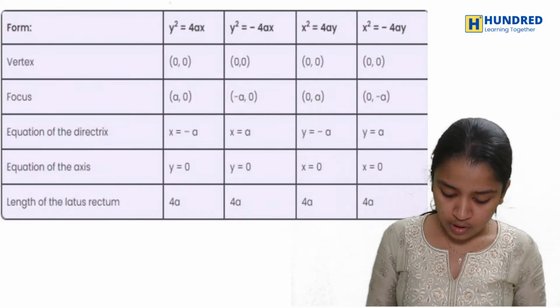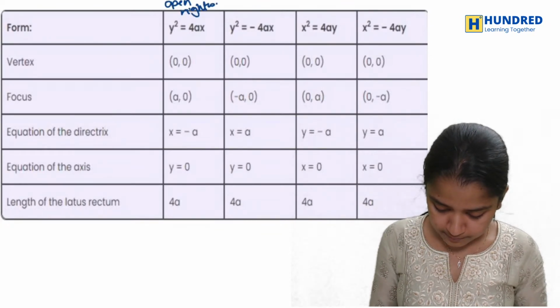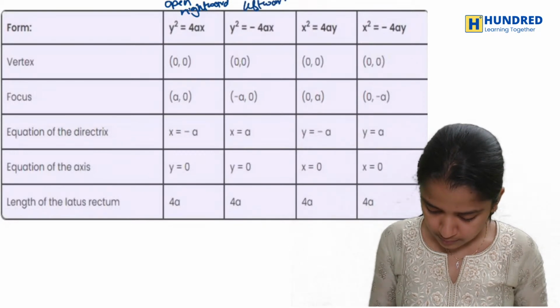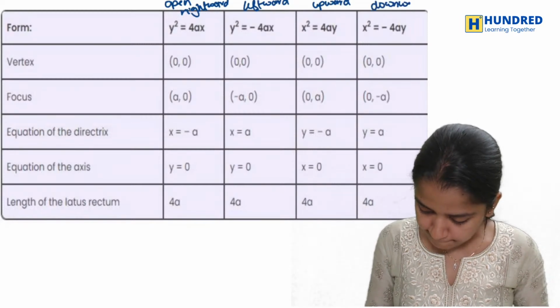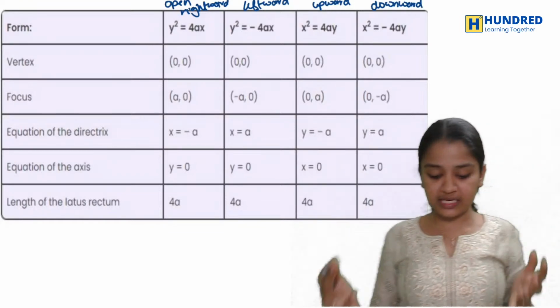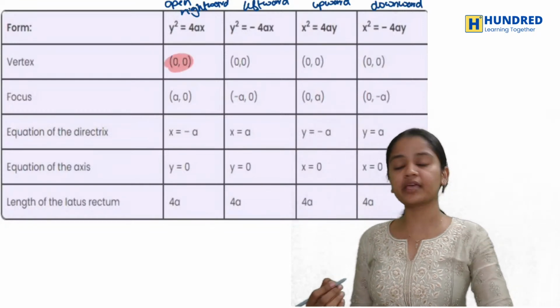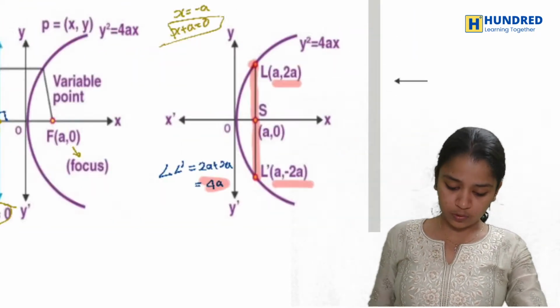Now, I have in general given for everything. So this is open rightward, leftward, upward, downward. So this is a parabola which is opened. So these are the points. Everything I'm talking about is for vertex (0, 0). So the vertex is this one only.